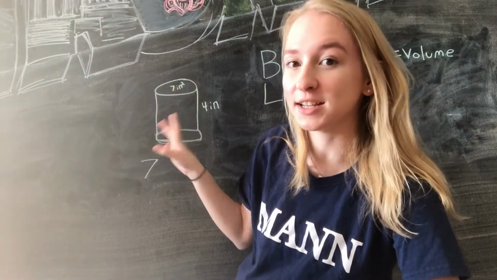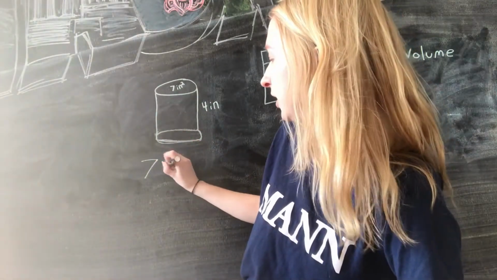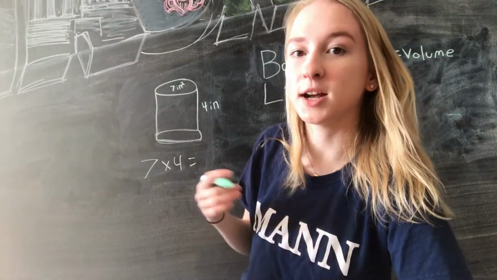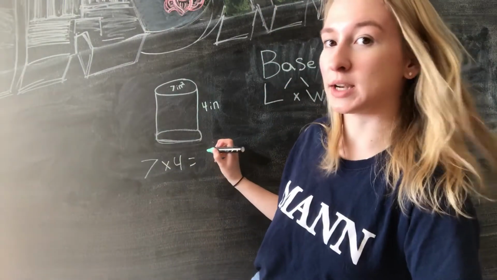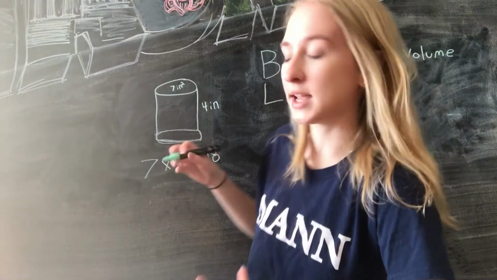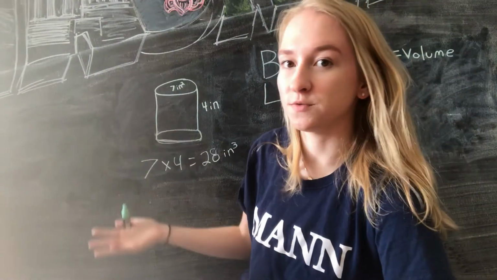It's already in inches squared. And then I said that the height was 4 inches. And then because 7 times 4 gives us 28, our answer would be 28 inches cubed, because it's volume.